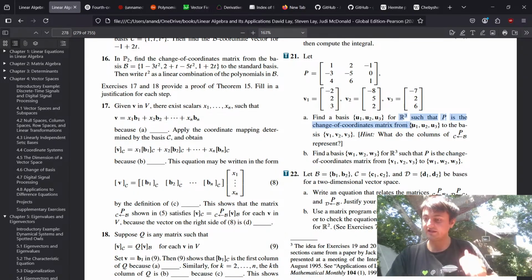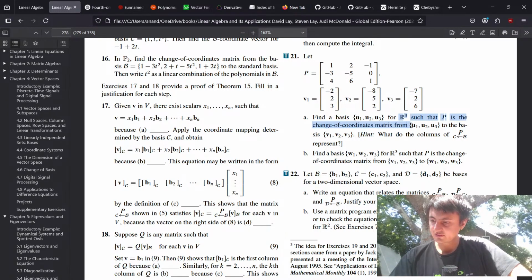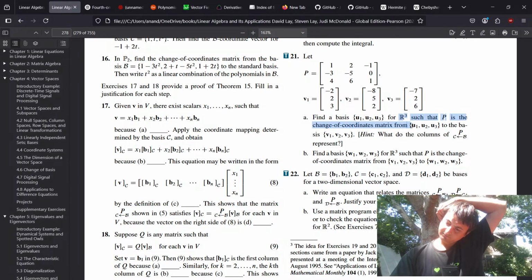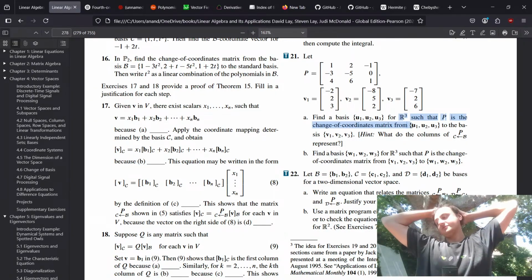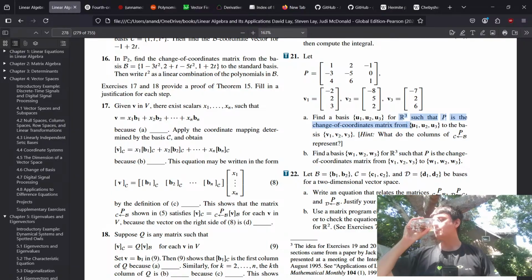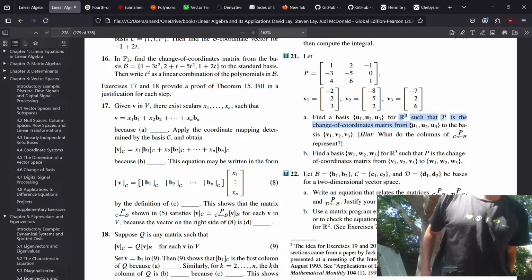So what that means is that P is going to be... gosh, why do I always get this confused? I just always forget which direction it goes.